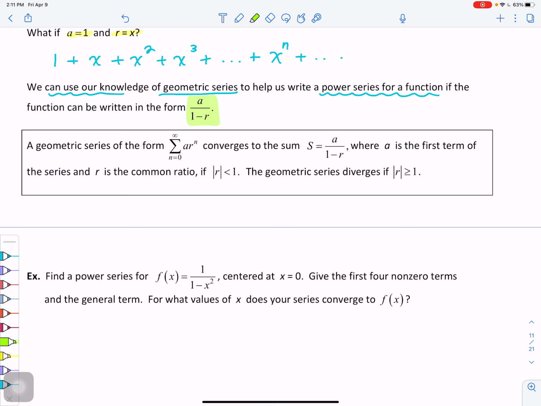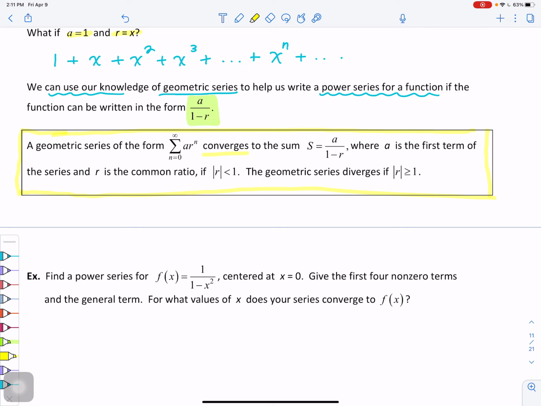A geometric series of the form sum n equal to 0 to infinity, ar to the n, converges to the sum s equals a over 1 minus r, where a is the first term and r is the common ratio.